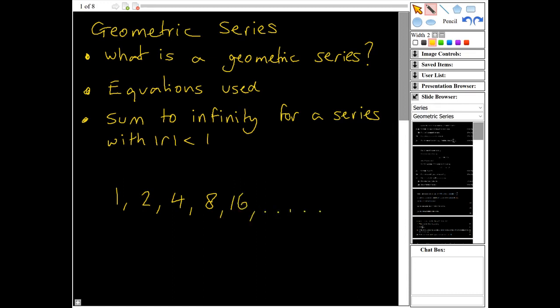Okay, so we can see in this time that the amount it's going up is not by the same addition each time like we had with an arithmetic series, but this time it's the same ratio. So in this case it's multiplied by 2, multiplied by 2, multiplied by 2, multiplied by 2, multiplied by 2. Okay, so for a geometric series you need to have this multiple which is always the same. That's called the common ratio.